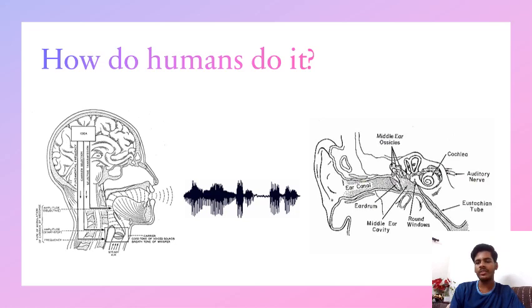So how do we humans do it? As you see in the diagram, the speech is released by the human, which then traverses through the medium and goes to our ears, which sense it and it is thus interpreted by the brain.